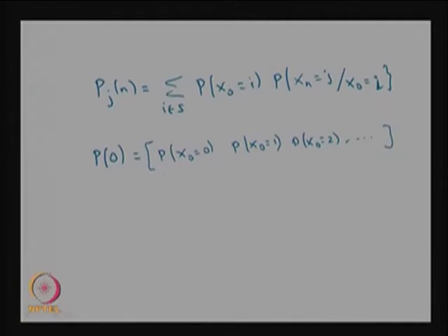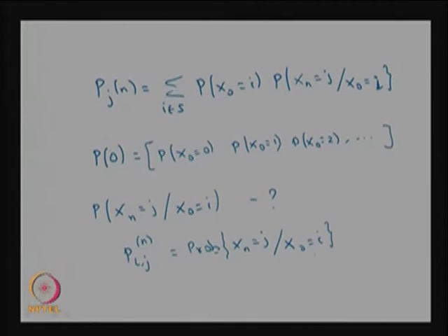What we need is the n-step transition probability that the system will be in state j given that it was in state i at the 0th step. This is what we want to find out: the conditional probability mass function of the n-step transition probability. We can write it as p_{i,j}^{(n)}, the probability that the system will be in state j given that it was in state i at the 0th step.